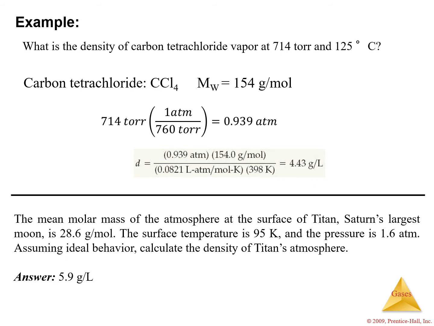Carbon tetrachloride has the formula CCl4, and if I calculate the molecular weight, remember that carbon is 12 grams per mole and chlorine is 35.5, times 4 gives me 142.